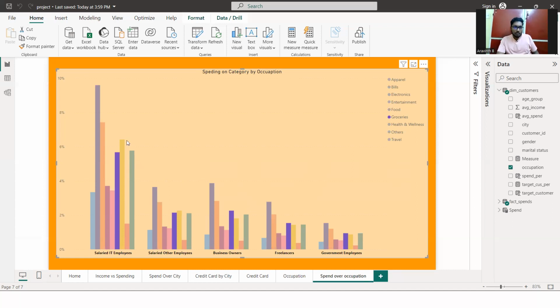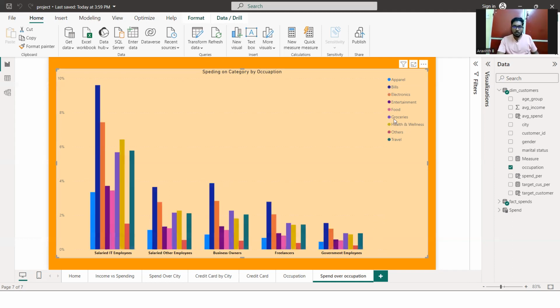You can see that salaried IT employees always have higher usage of credit cards in all the categories of items. Next come business owners, then salaried other employees, then freelancers, and last it's always government employees.